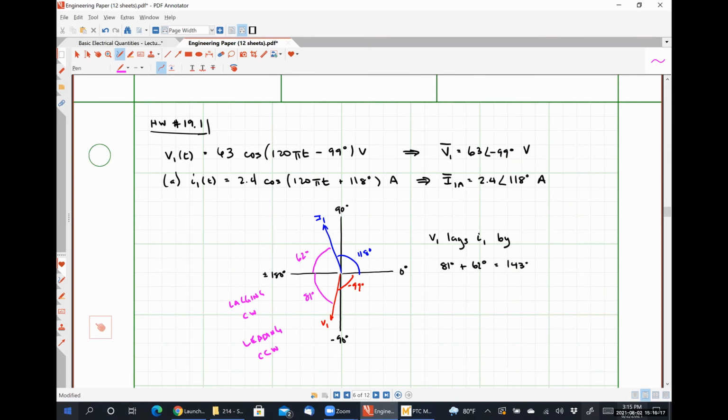The methodology that lagging is measured going clockwise and leading is measured going counterclockwise is always correct. It's just whether or not WebWork accepts the answer that it comes up with.